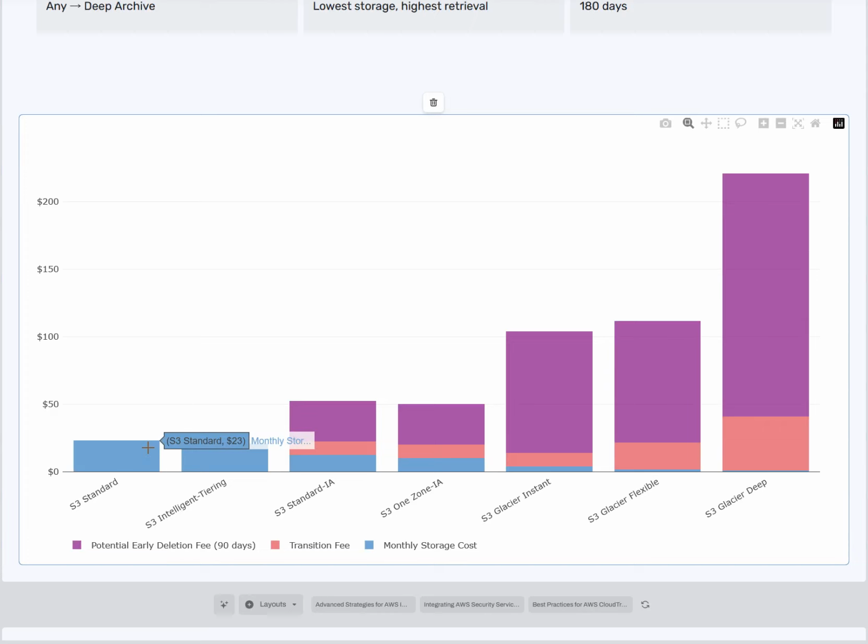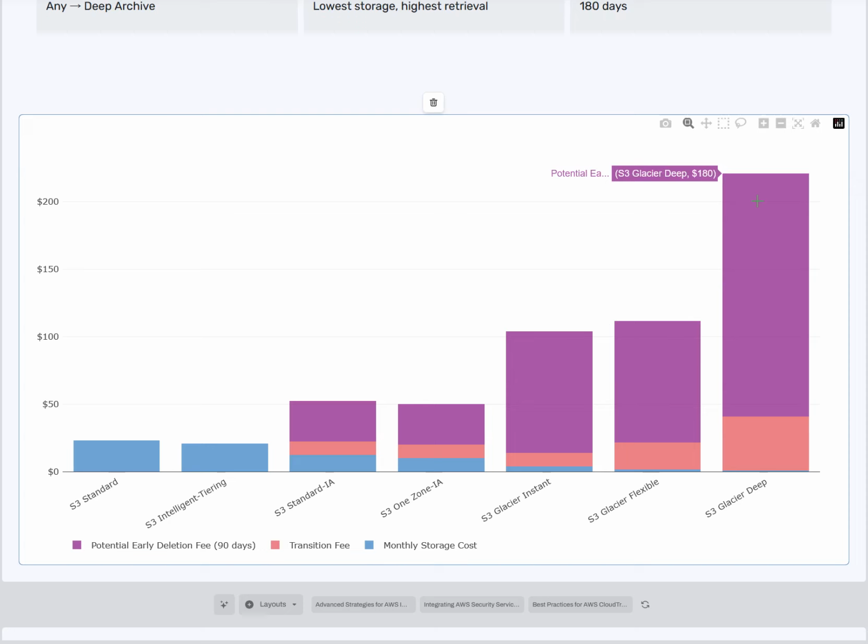Let me get the figures, right? S3 Standard, so it's 23. Intelligent-Tiering, 21. This one 30, S3 Standard monthly storage cost, right?